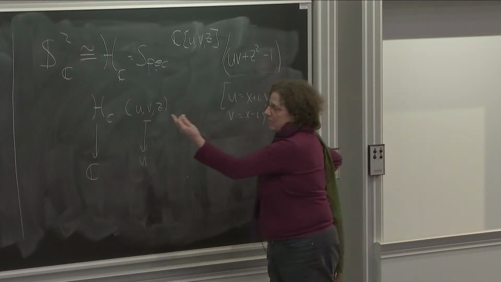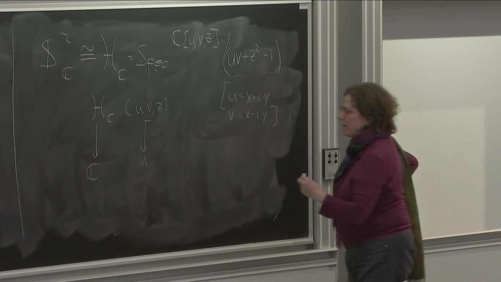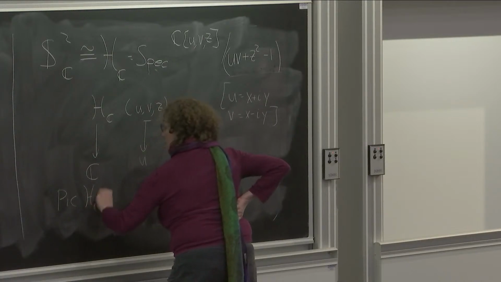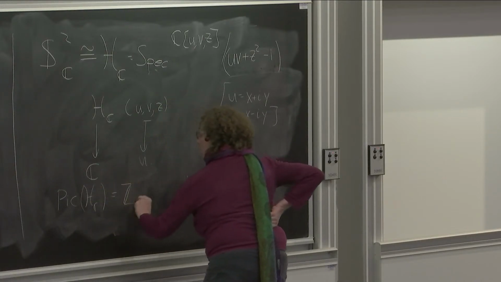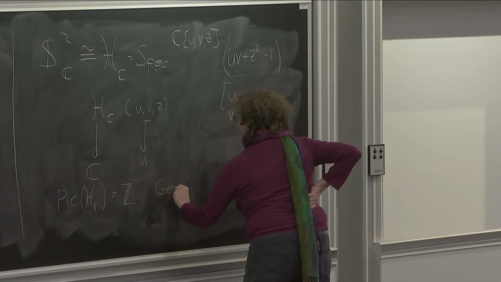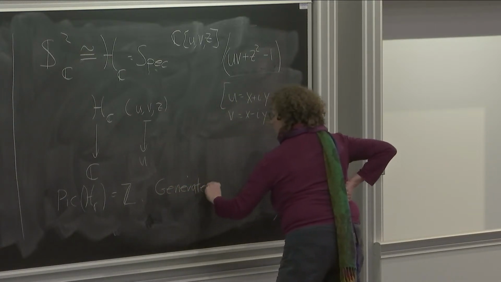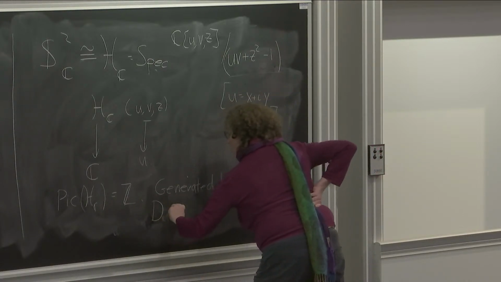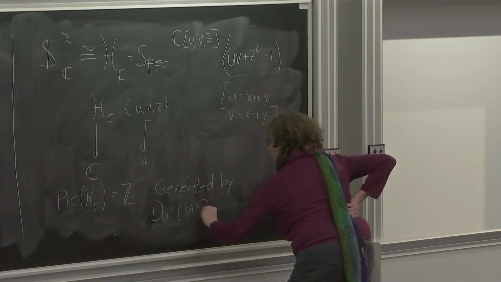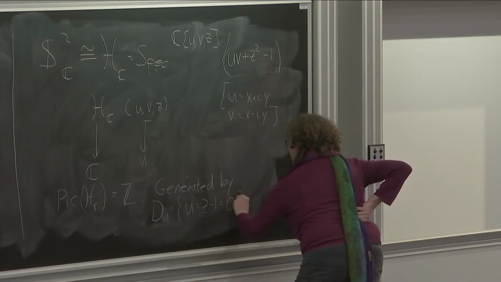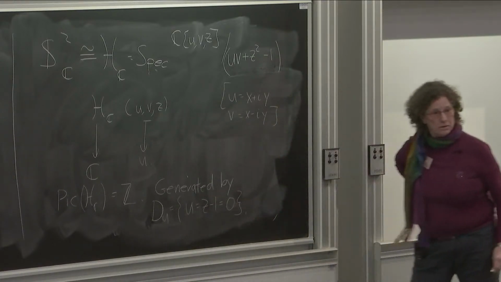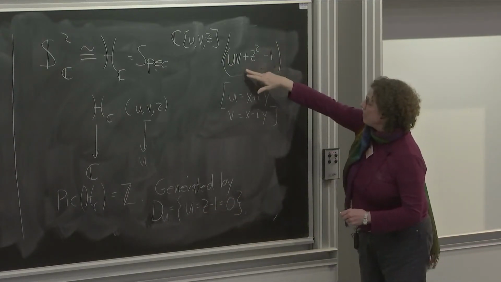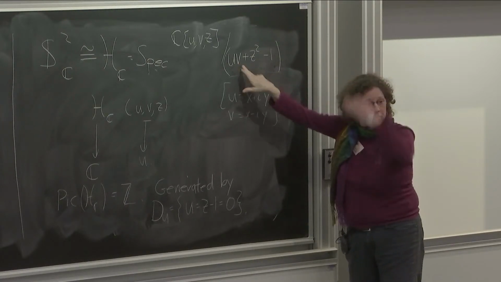So what you can see from this is quite easily that the Picard group of HC is just Z, generated by a divisor. I'm going to call it dU, which is given by u equals z minus 1 equals 0. If I say u and z minus 1 equals 0, then v is anything, and that gives me one of the fibers.